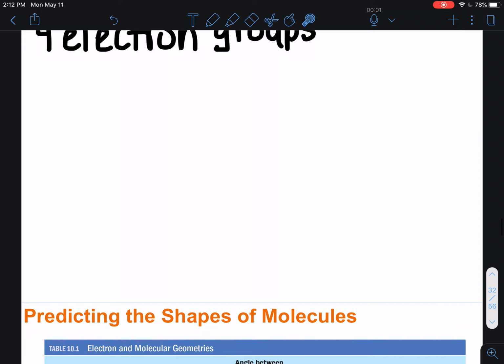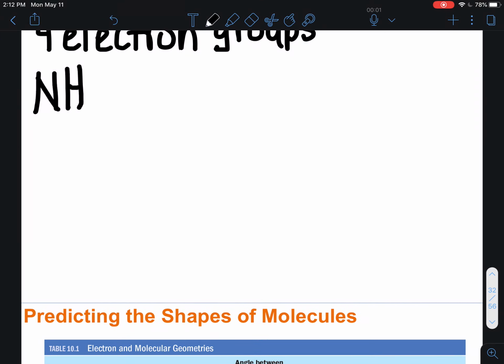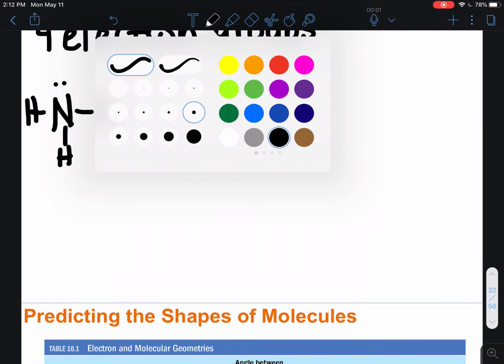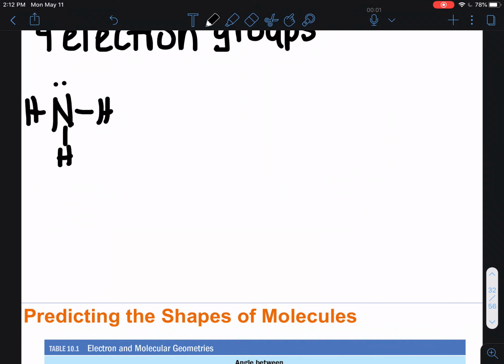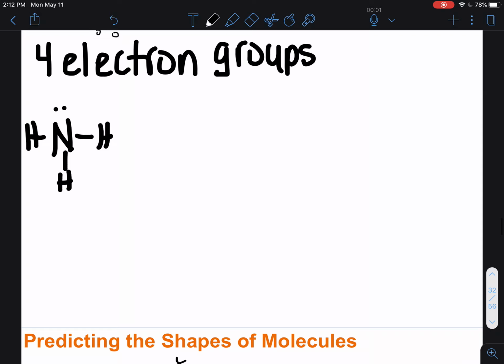Let me go back and just show you really quickly with the ammonia as well. So remember, we have ammonia. I already drew the Lewis structure. If we count the electron groups, the electron groups are going to be this bond.